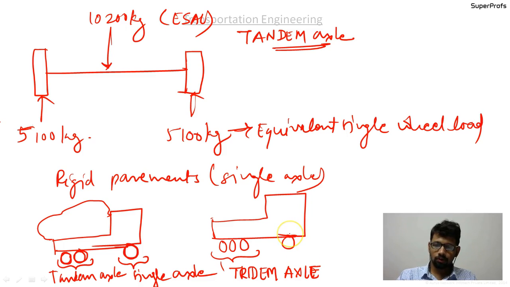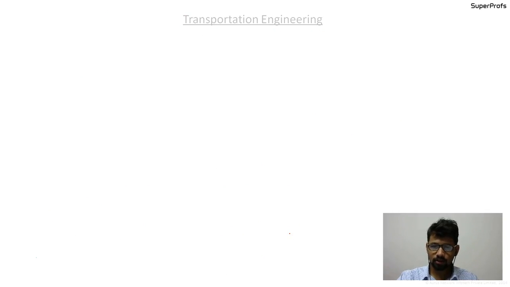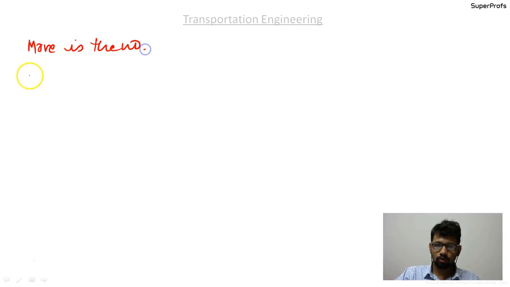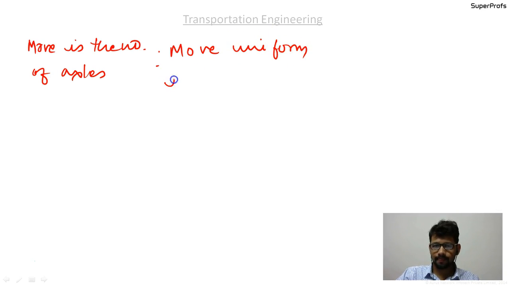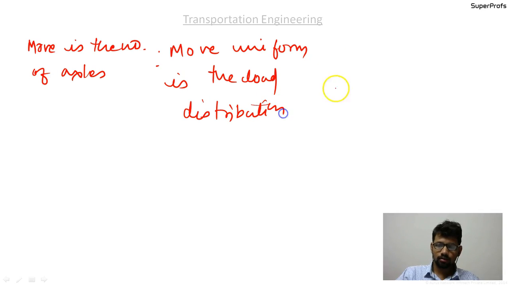What is the use of providing more axles, is the question. The more the number of axles, the more uniform is the load distribution, which means less damage to the road.